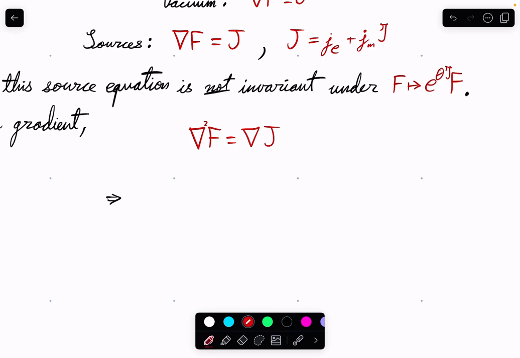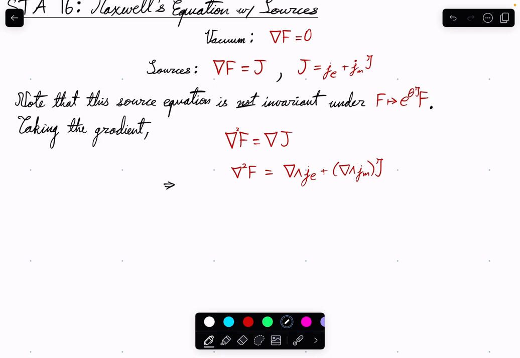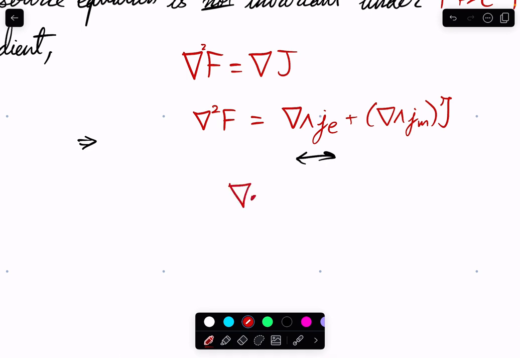The first is that the gradient squared of f is equal to the curl of these source fields. And the second is the same thing as saying that the divergence of JE is equal to the divergence of JM, which is equal to 0.